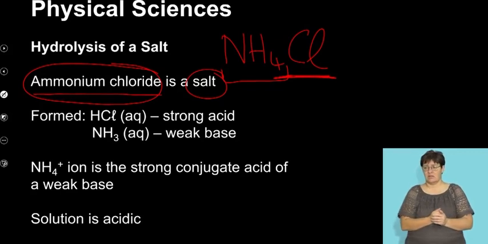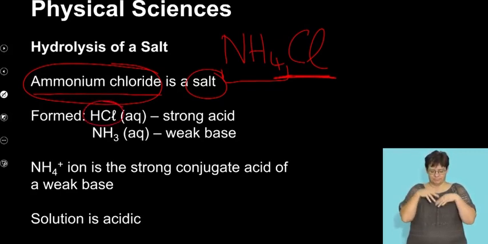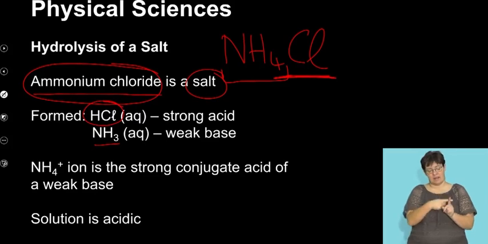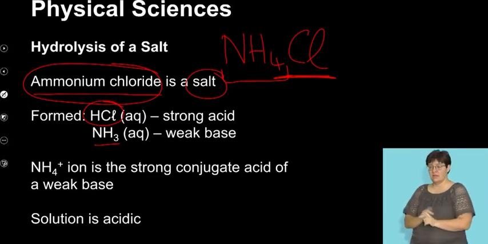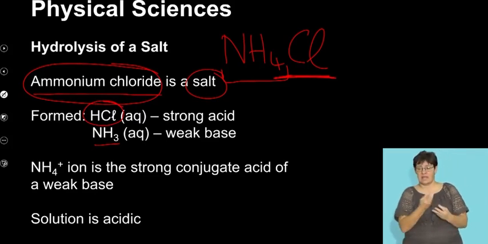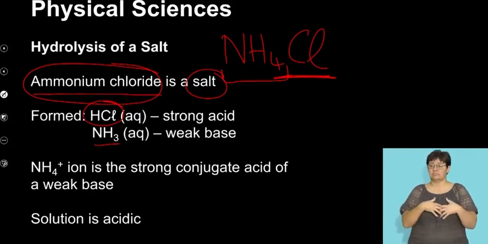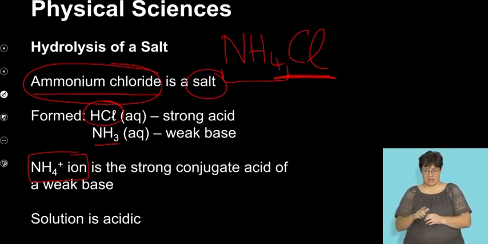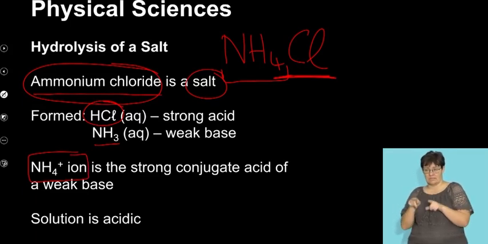So you can clearly see that we had hydrochloric acid that reacted with ammonia in this acid-base reaction. The hydrochloric acid transferred a proton to the base, and what will form here is the ammonium ion, or in this case ammonium chloride, and we also know water was formed.